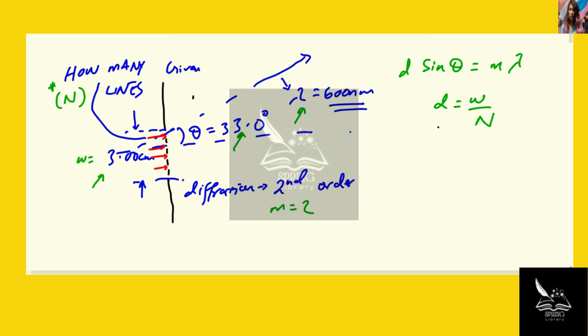So looking at these two pieces of information, we can bring the d down and say if d sine theta equals m lambda, and d happens to be w over n, then w over n sine theta equals m lambda.